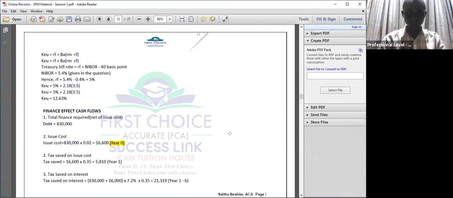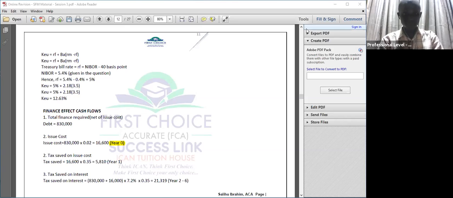The moment the question did not say whether issue cost is tax allowable or not, I will assume it is not tax allowable, so I will ignore step 2. Do you understand? But because I am teaching, that is why I assume it is tax allowable. If I were writing this exam, my assumption is that issue cost is not tax allowable, so I will leave that step 2. But because I want you to get how to sort the tax saved on issue cost, that is why I'm assuming it is tax allowable.